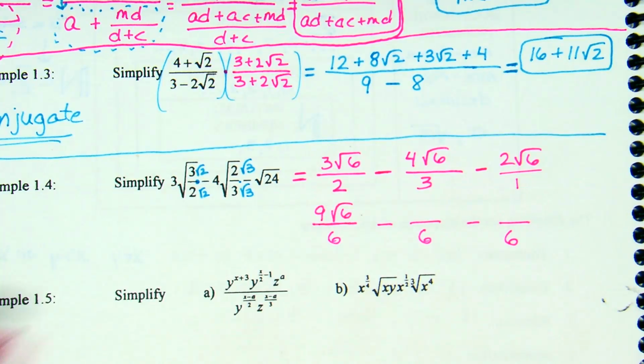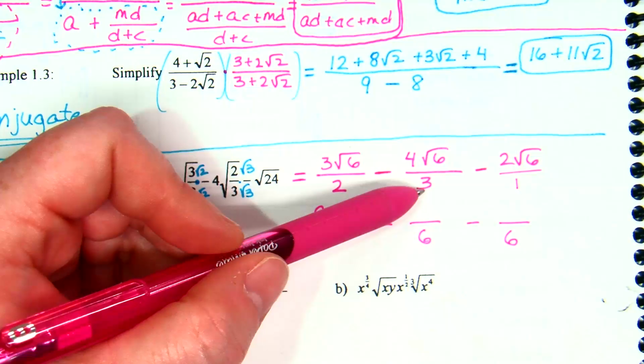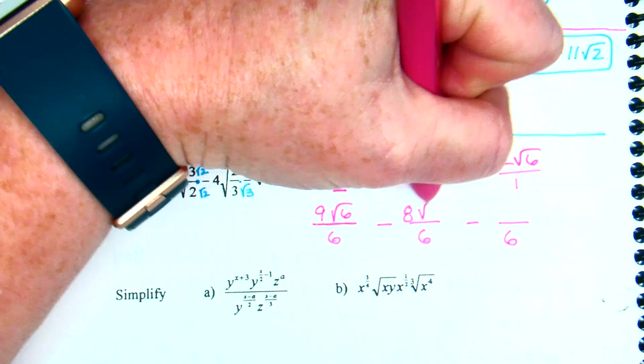The 3 had to multiply by 2, so the 4 multiplies by 2. 8 square root of 6 over 6, or in other words, 8/6. Yeah, it was 2 over 1. We're multiplying by 6, so it becomes 2 times 6, which is 12. Square root of 6 over 6.